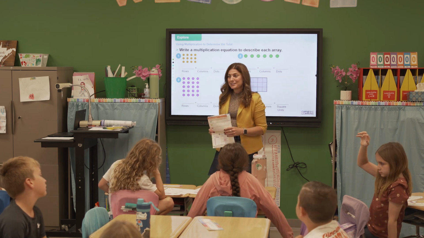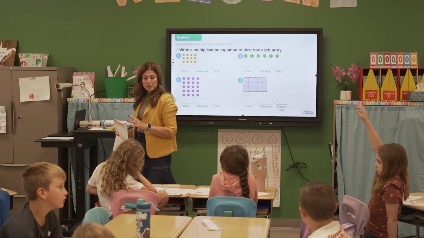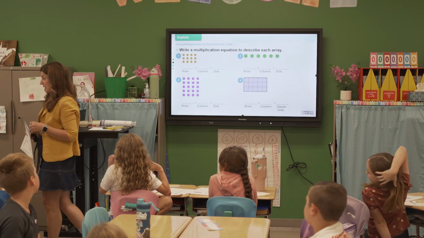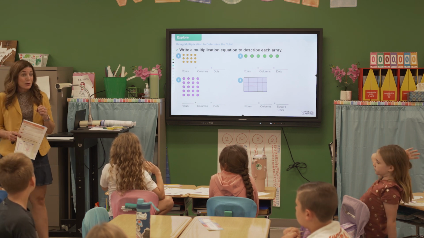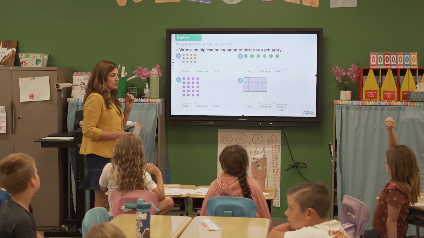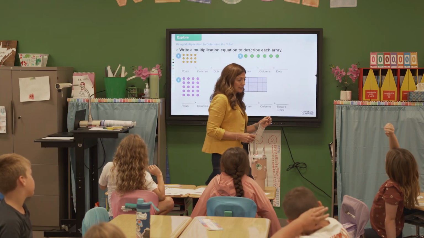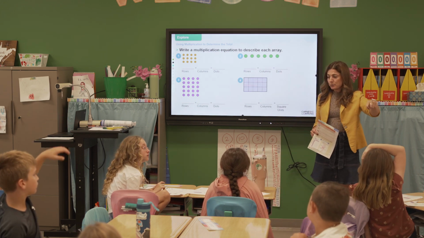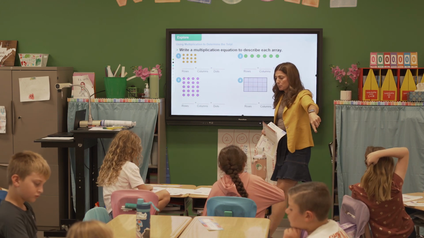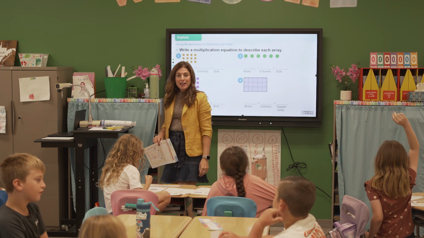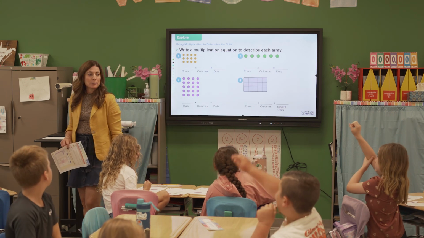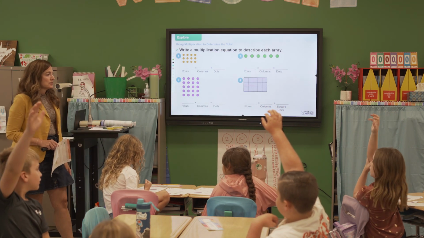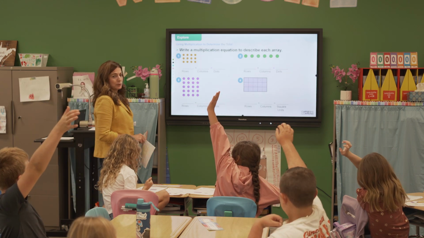Multiplication, right? So in a multiplication equation, we're going to have factors and we're going to have a product. So when I say how did you determine the product in number 4? What is the product in number 4? Everybody put your finger on it and tell me, what was the product in number 4? 15. How did you determine it?